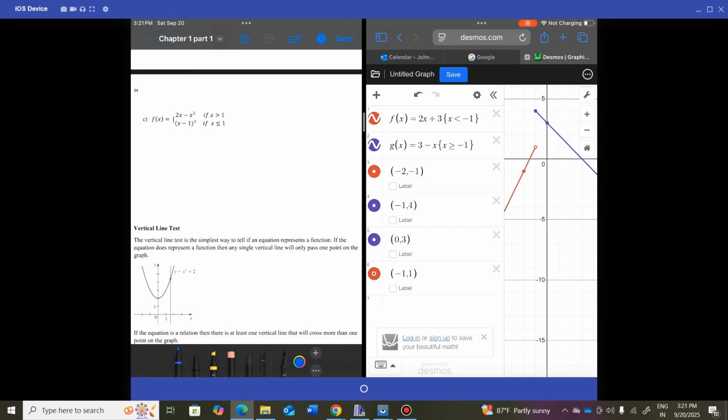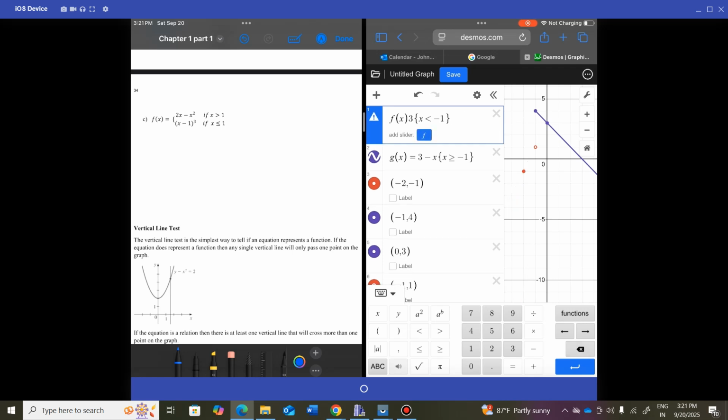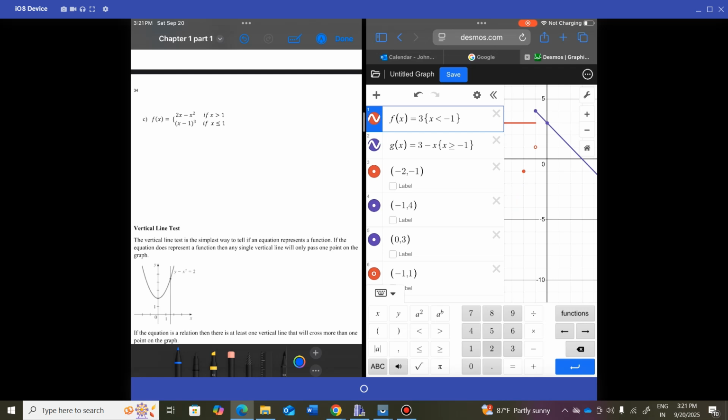So we'll do 2x minus x squared, and it's going to be when x is greater than 1.